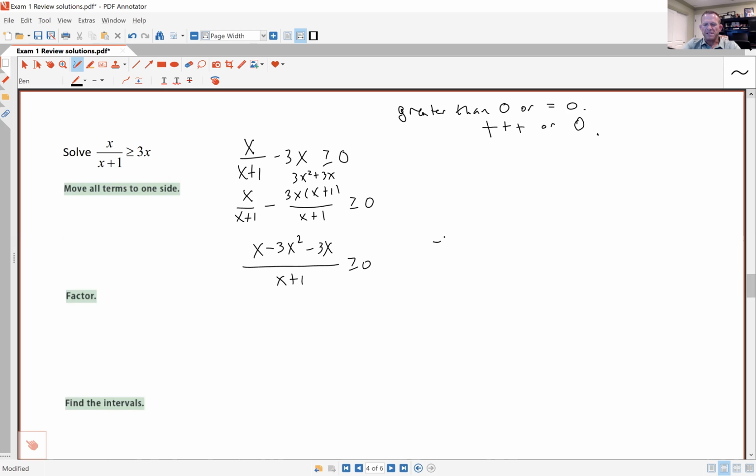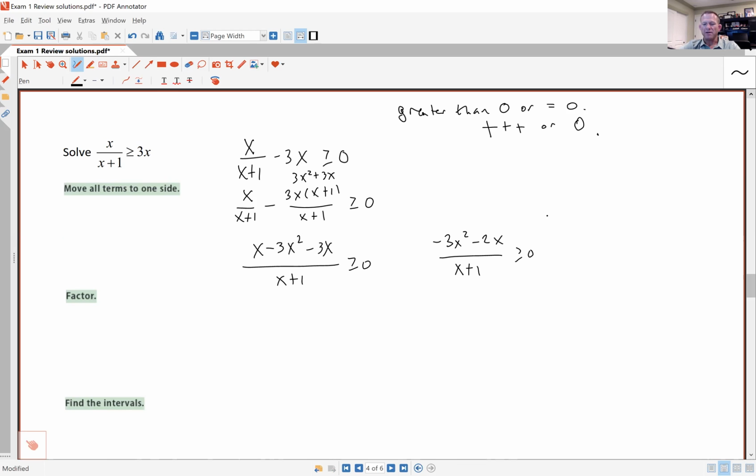And so then that gives us negative 3x squared minus 3x, sorry, not minus 3x, minus 2, divided by x plus 1. Now the factoring part tells you where you have these critical numbers.